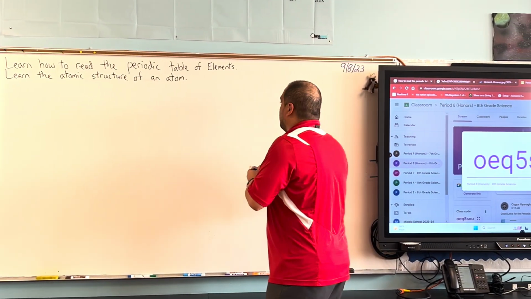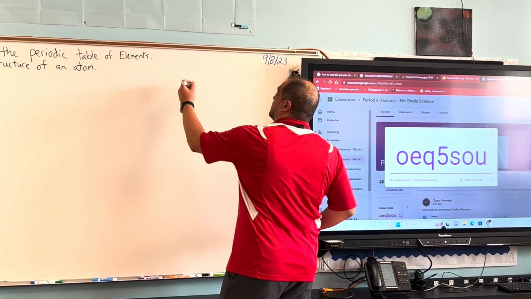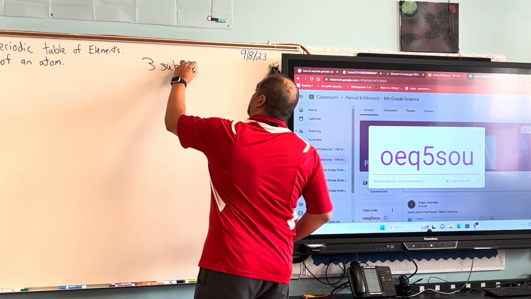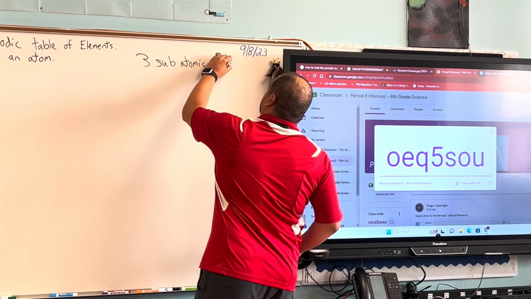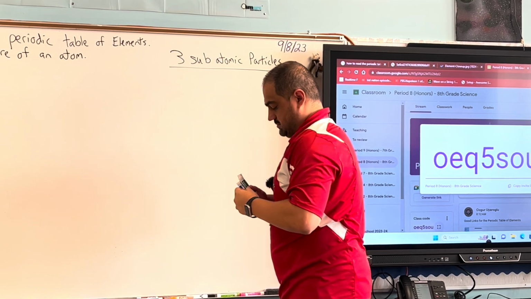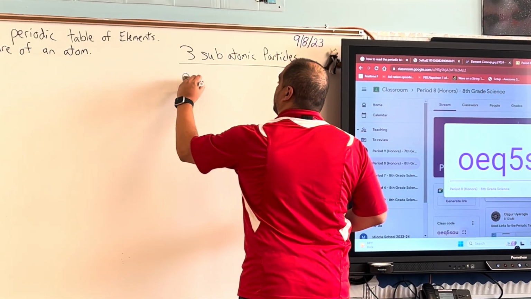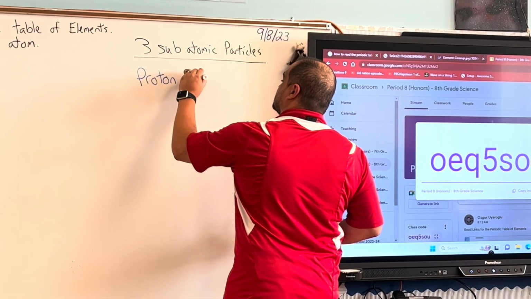So, in an atom, we have 3 subatomic particles, right? And what were the 3 names, which you guys already know? Alvin? Proton. Proton, beautiful. We got proton, right? That's that big blue dot I drew last time.